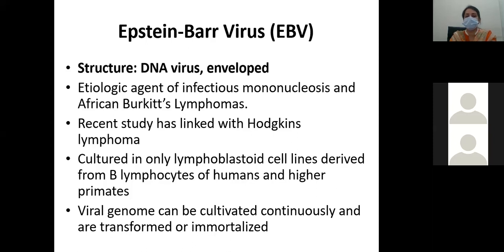Recent studies have linked it with Hodgkin's lymphoma, and it is cultured only in lymphoblastoid cell lines derived from the B lymphocytes of humans and higher primates. Some viral genome can be cultivated continuously, and they are transformed or immortalized.